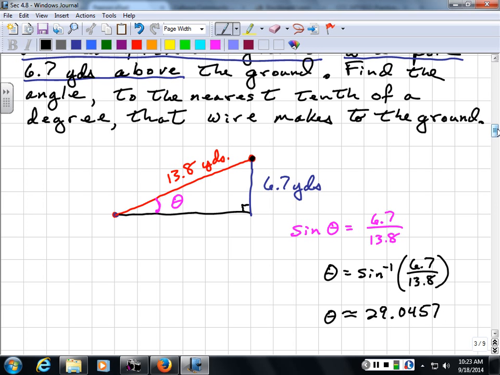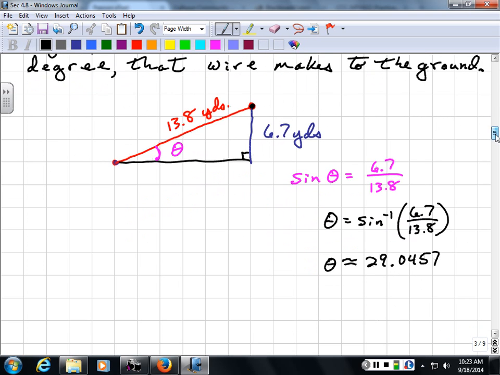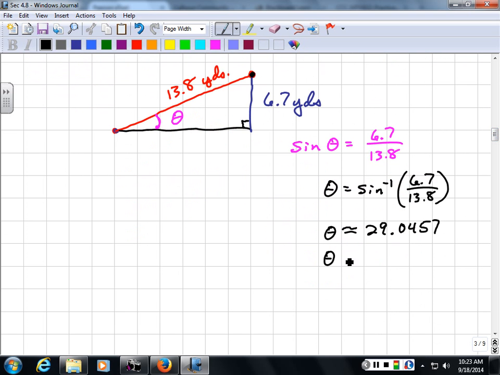29.0457. That says to the nearest tenth of a degree. So theta is going to be 29.0 degrees, or just 29. It's a word problem.